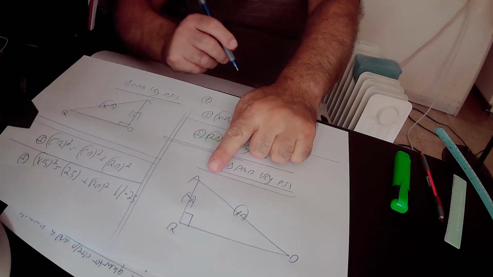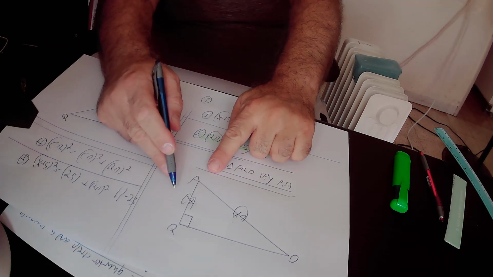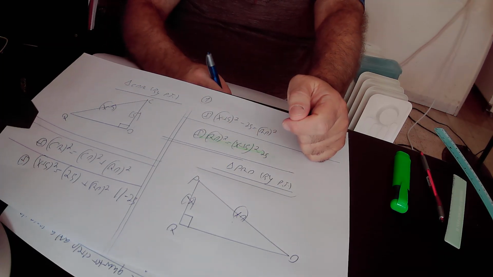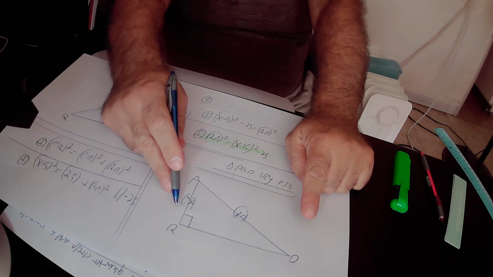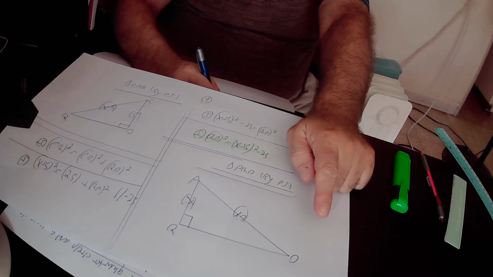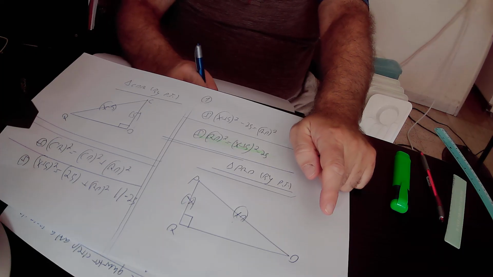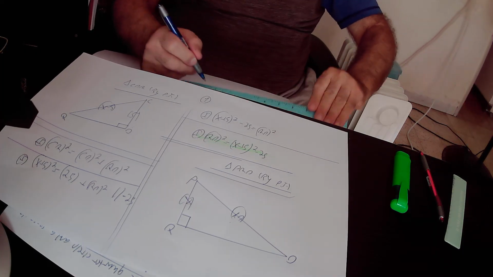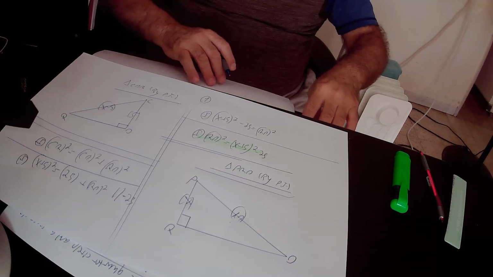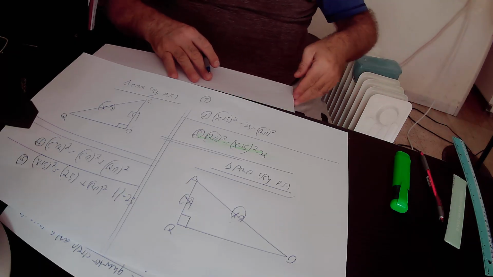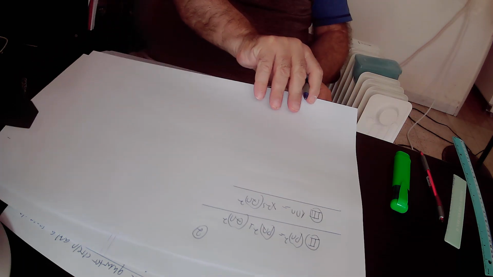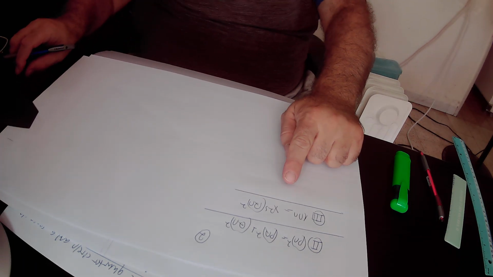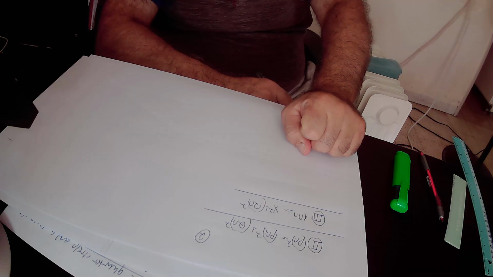And this equals PQ squared. PQ is x, therefore PQ squared is x squared, plus QO squared. QO is the missing side, so we leave it as it is. So in total, according to equation 2, we found that 100 equals x squared plus QO squared.